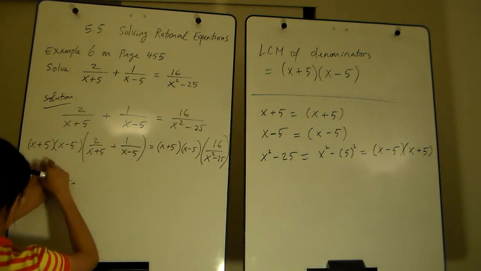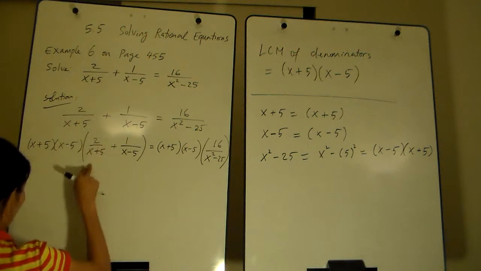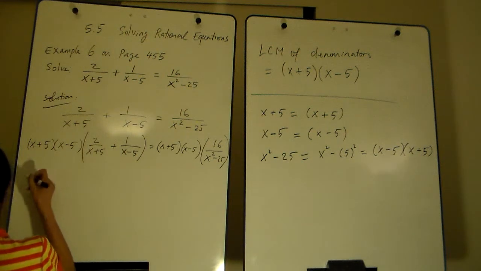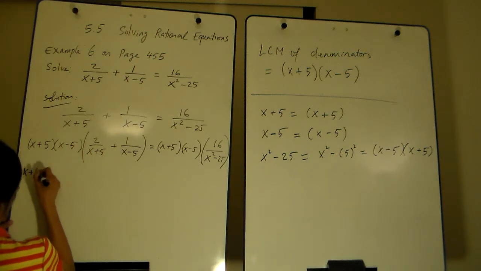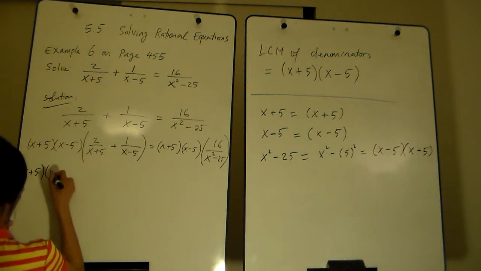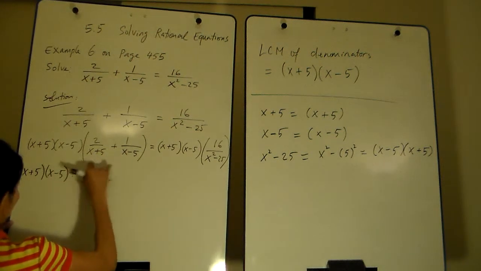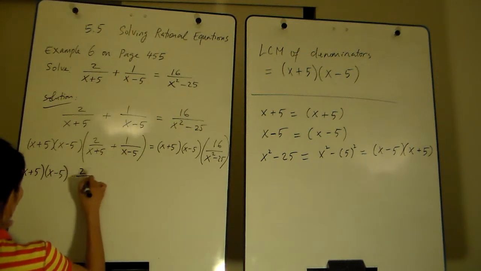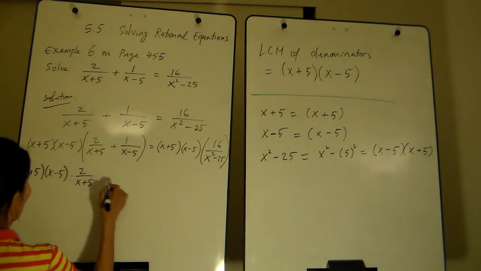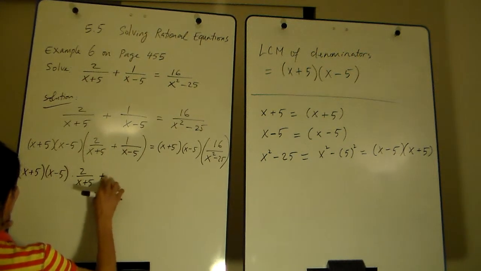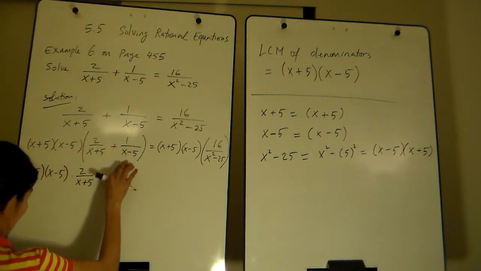Now distribute this LCM to each term. Inside parentheses we have x plus 5 times x minus 5, multiplied by this first term, 2 times x plus 5, plus, you distribute this LCM to the second term.